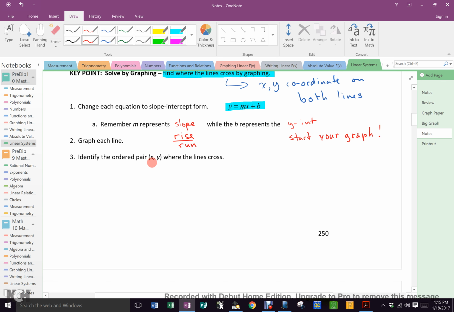Then you identify the x and the y where the lines cross, and only where they cross, because that is the only spot in the whole universe where there is an x and y that works for both lines. Do you understand? Theoretically. Yeah? All right, let's move it along.